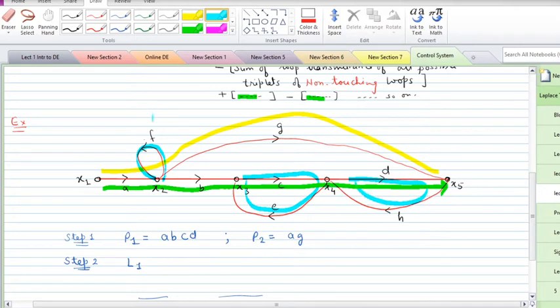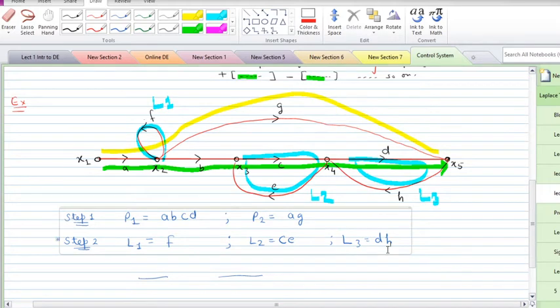Let us suppose this is L1, this is L2, and this is loop 3, L3. So L1 equals F, the loop transmittance of L2 is CE, and the loop transmittance for L3 is DH.